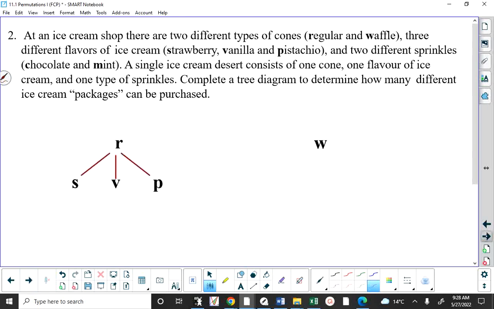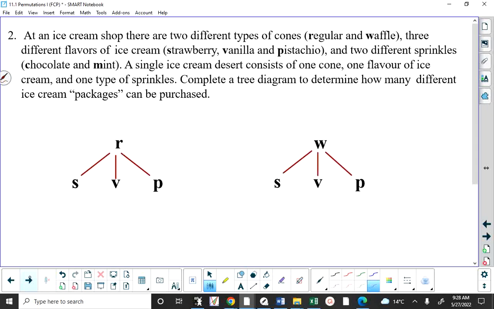This choice branches off, because you can then have the regular cone with strawberry, or the regular cone with vanilla, or the regular cone with pistachio. On the other hand, if you chose a waffle cone, you have the same three options. And I want you to listen very carefully to this next bit of business.